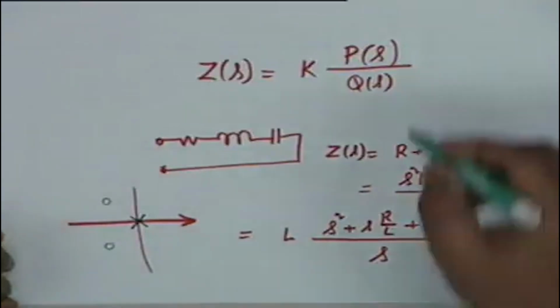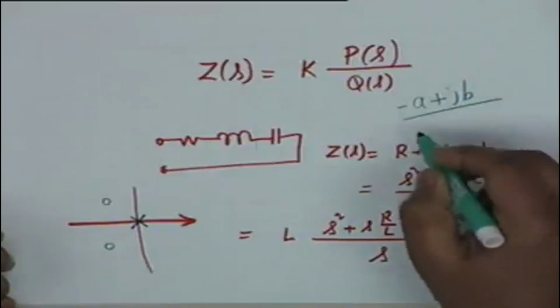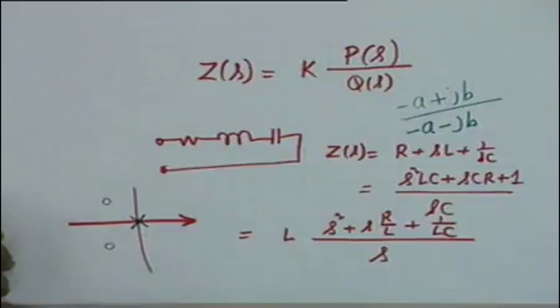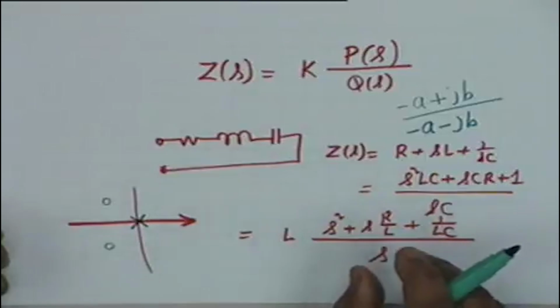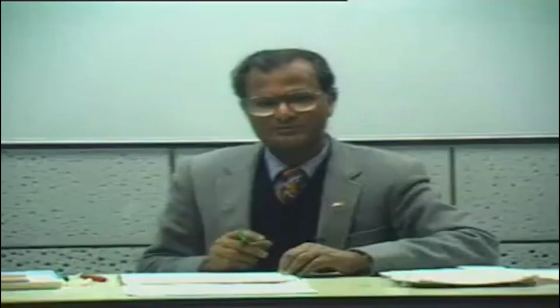That means if I have minus a plus jb as one of the roots, then the other root must be minus a minus jb. Now why is that? Why is this constraint? Because the coefficients are all real, and therefore it is a property of real coefficient polynomials that if there is a complex root, its conjugate must also be a root.